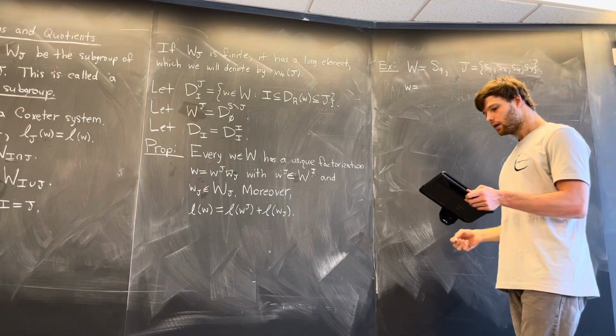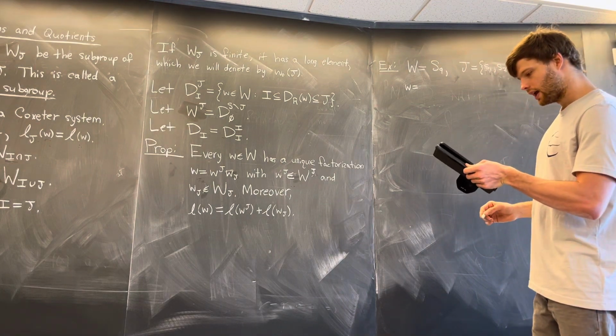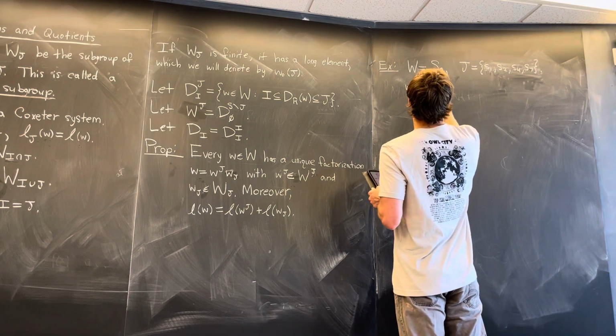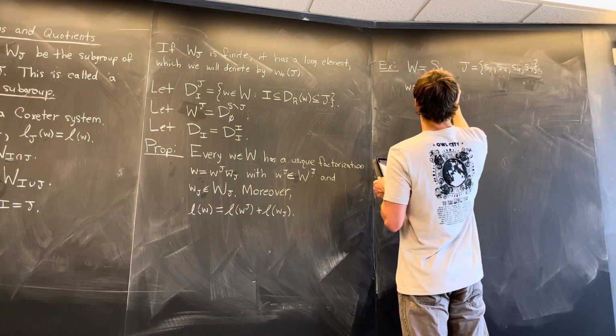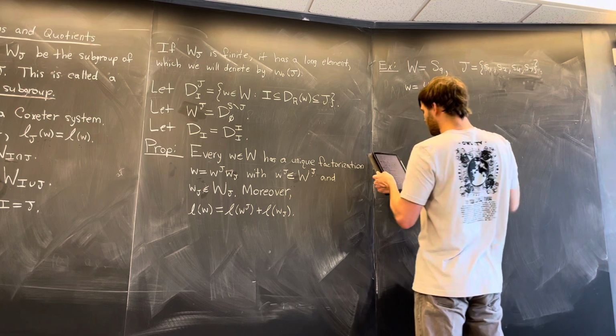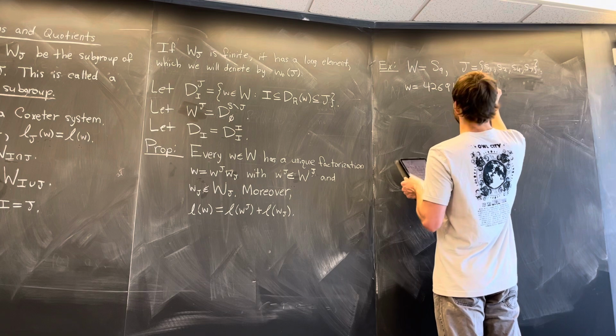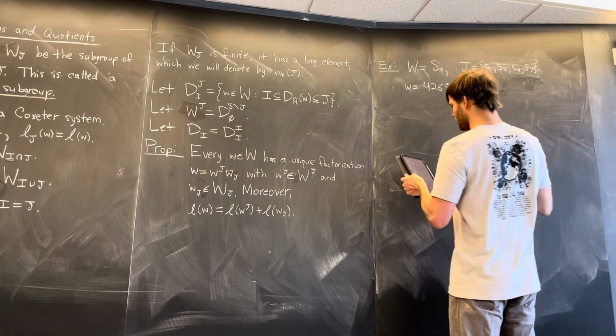Okay, so then let's take w to be this permutation: 4, 2, 6, 9, 1, 5, 7, 8, 3.